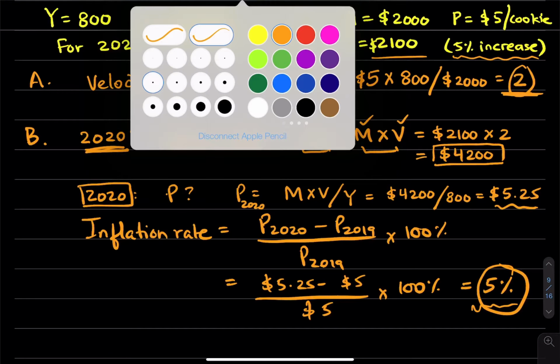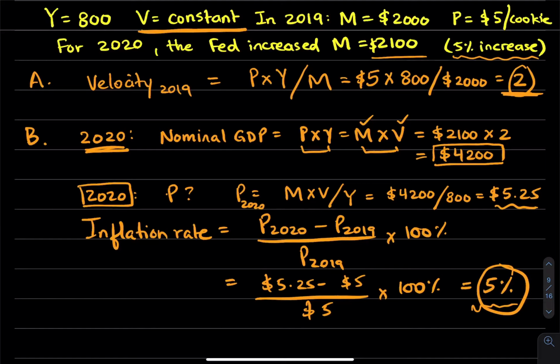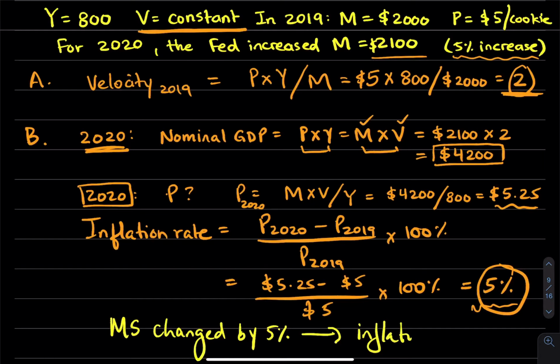So this is basically reinforcing the idea that the quantity equation was illustrating. So the money supply changed by 5%, and inflation, or the change in prices, is also 5%.